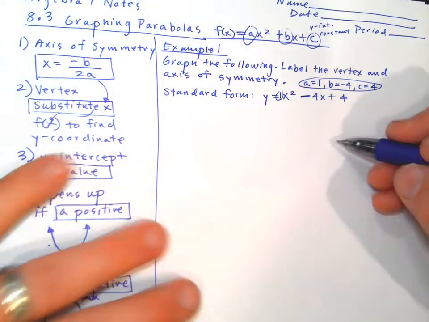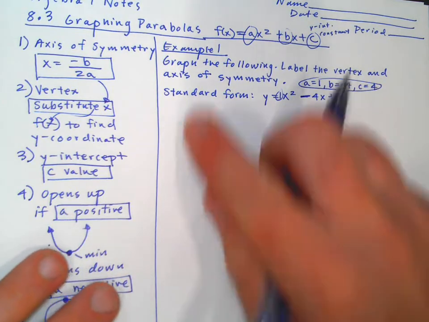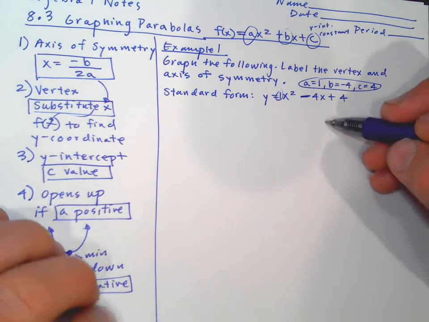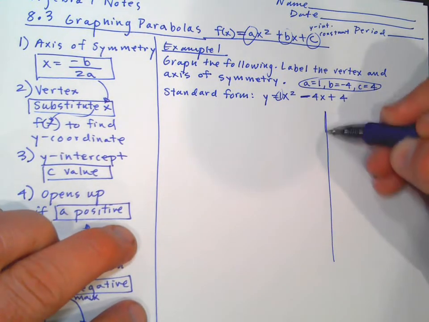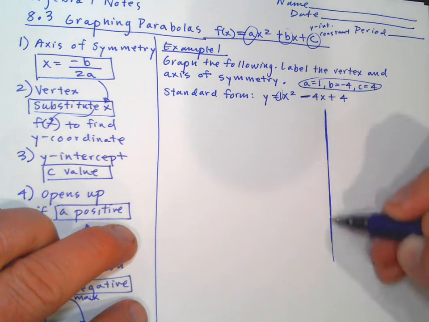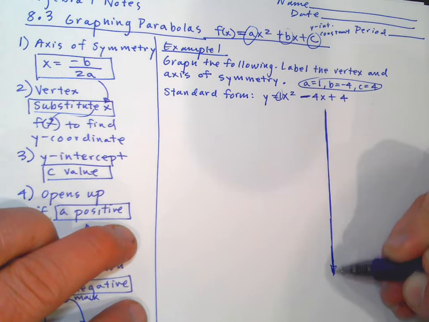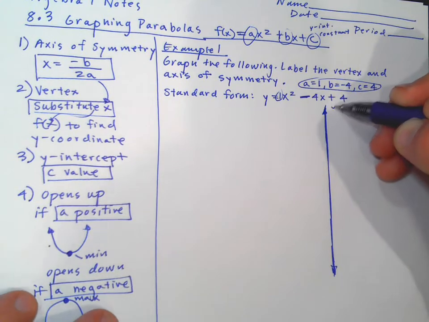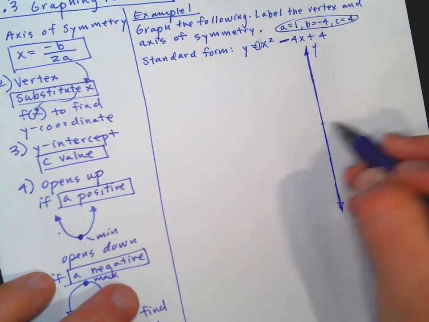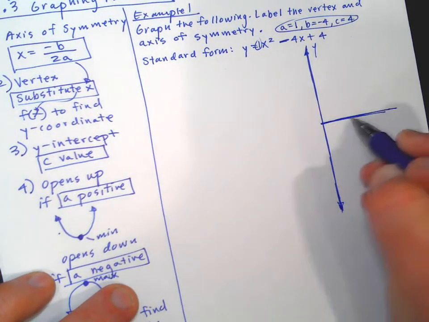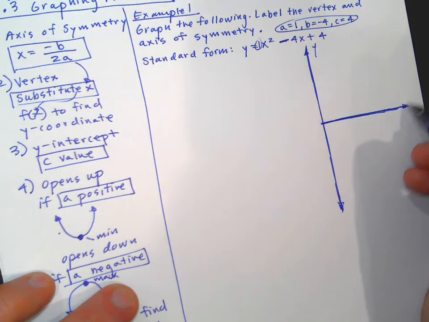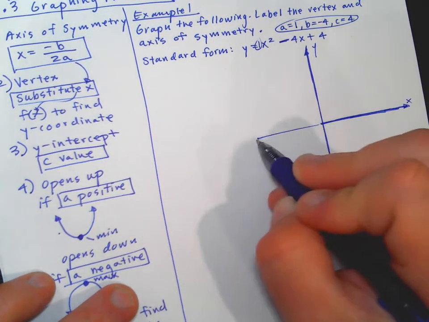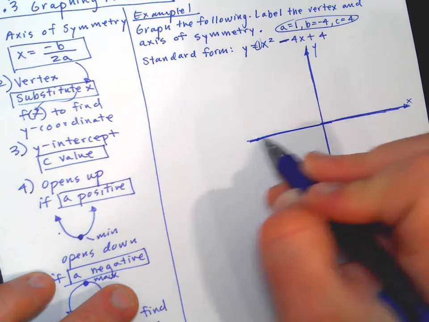So I'm going to draw my graph over here. I'm going to leave some room right here to do work. This is where graph paper would help, because I have to make my axes extra dark, because it's going to be hard to tell. If you're on graph paper, then you just have all the grid lines already there, and you just draw your x and y axis on top.